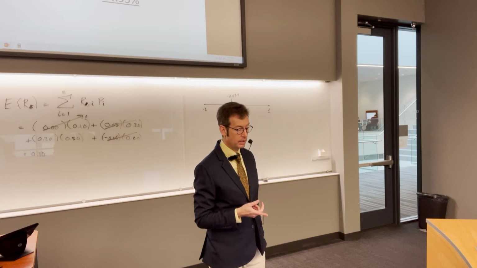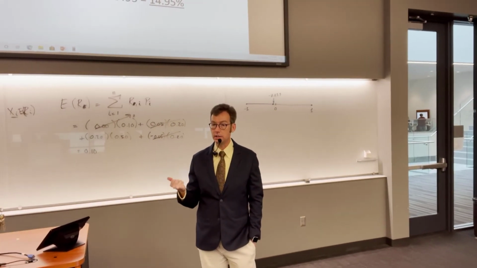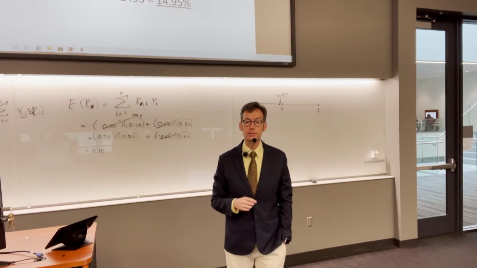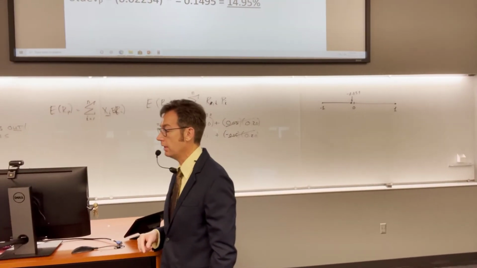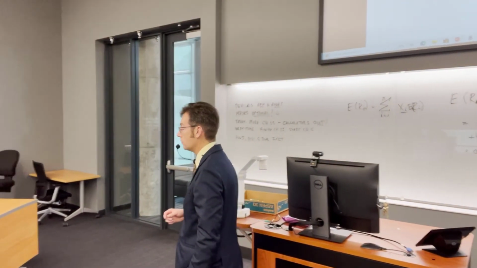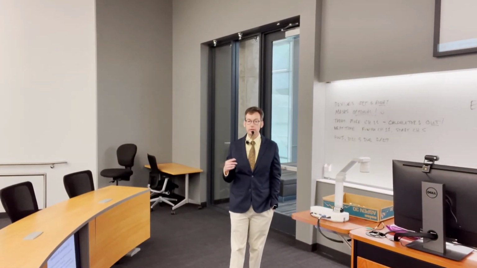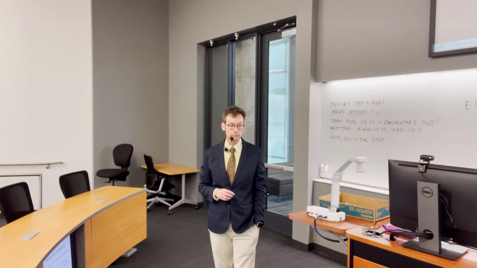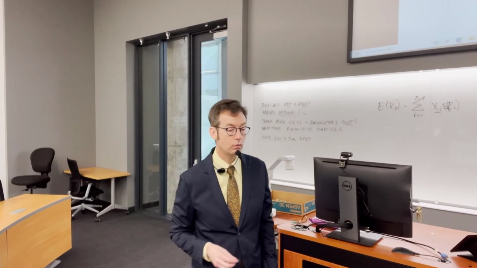And then we're going to multiply that by, and add 0.4 squared times the variance on B, which we also calculated, plus 2 times 0.6 times 0.4 times negative 0.001, which is the covariance of A with B. And when we do all that, we come out with our variance being 0.02234. How do I get to standard deviation from there? Take the square root. And when we do, we get to 0.1495 or 14.95%.